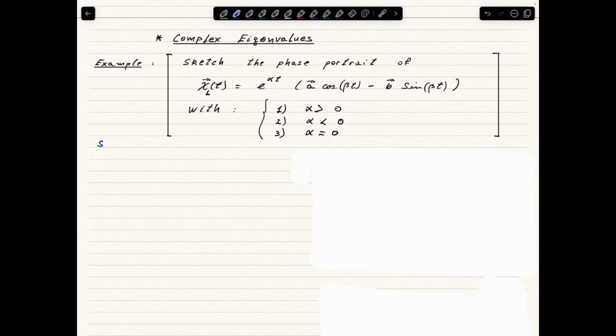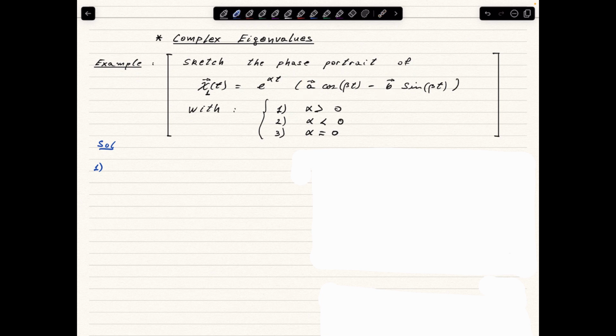Let's put it here because we are short of space. What do we want to do? The phase portrait of this. How do we start? Well, we start by saying that we are going to draw the parts that are needed for the picture, and the parts that are needed are the vector A and the vector B. These are the most important parts.